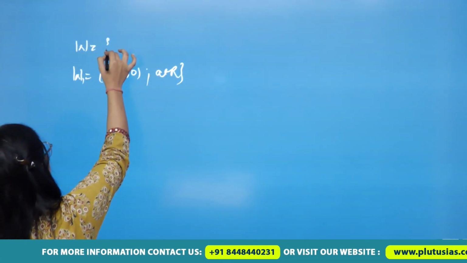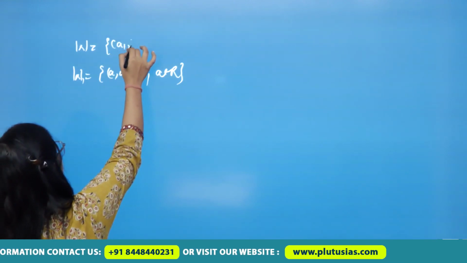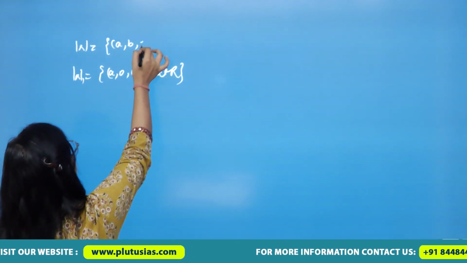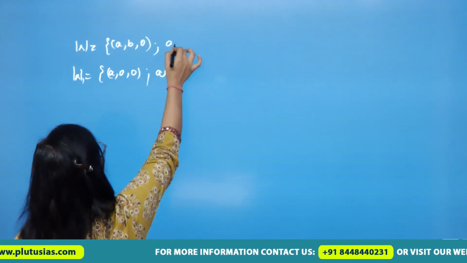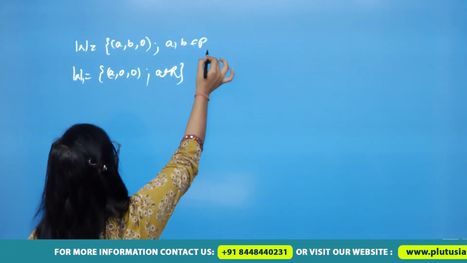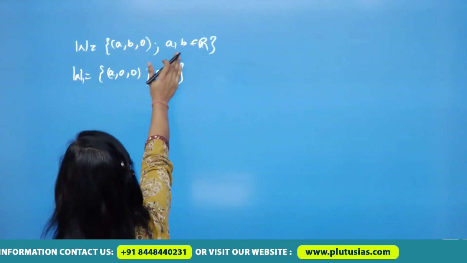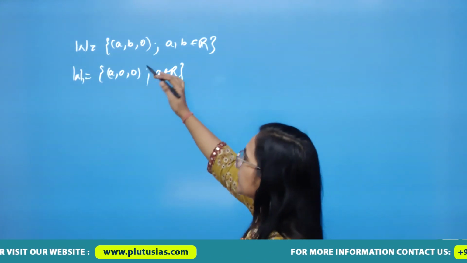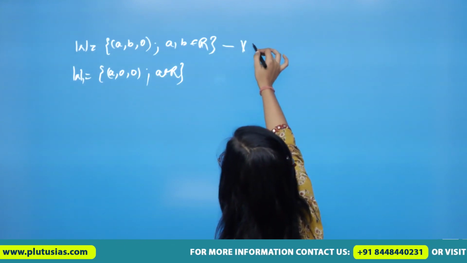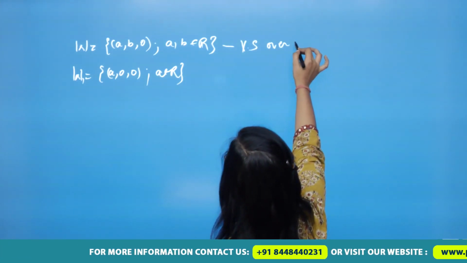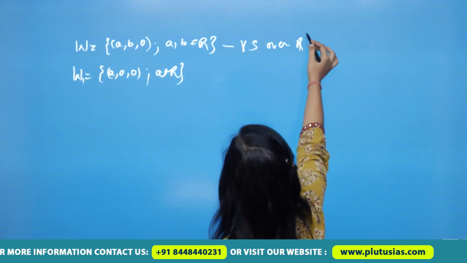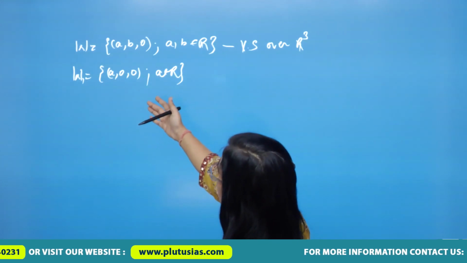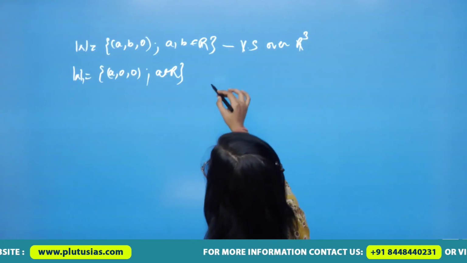W in this case is (a, b, 0), where a, b belong to the reals. In the last example we proved that it is a subspace of R3, that means it is a vector space also. So we can take W as a vector space over R, and sometimes we call it R3 because these are 3-tuple elements. And W1 is this, and we have to prove that.